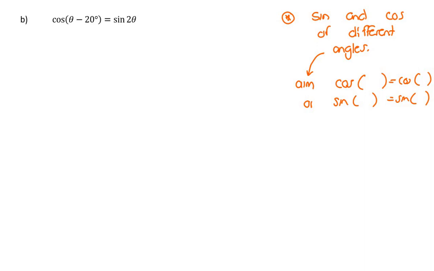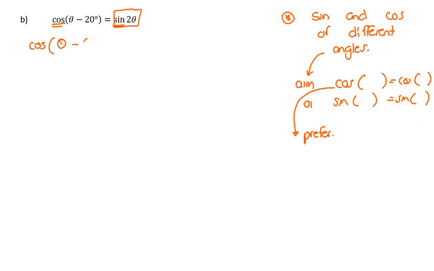The problem with this particular question in B is that, yes, I have cos, but on the other side I have sine. Preferably, I like to go for cos, if possible, and I will show you why when we do a sine example. So I prefer to get cos equal to cos, which means the right-hand side has to be rewritten to use cos.